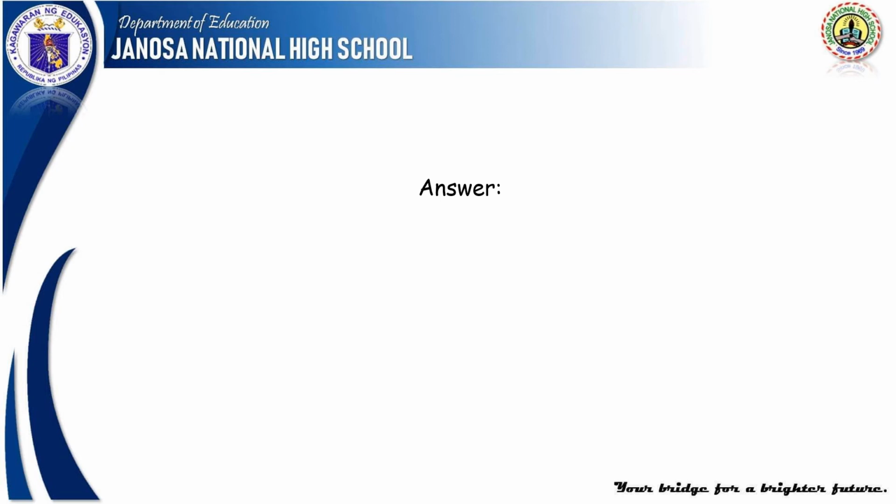So our final answer, ang final answer natin can be written in an interval or set notation. So we will write it first in an interval notation. And that will be open interval negative infinity up to 2, union with half closed interval, closed 4 comma infinity open interval.